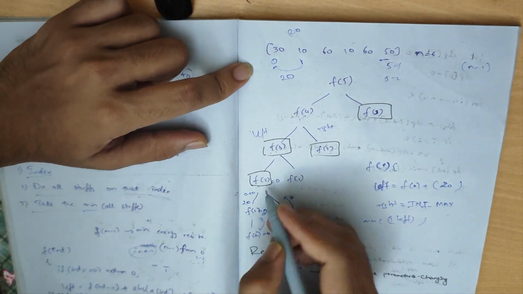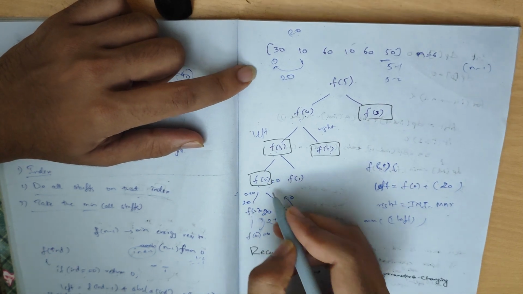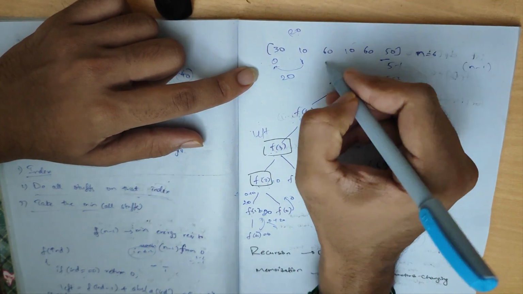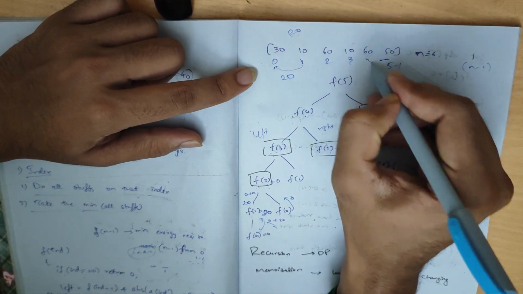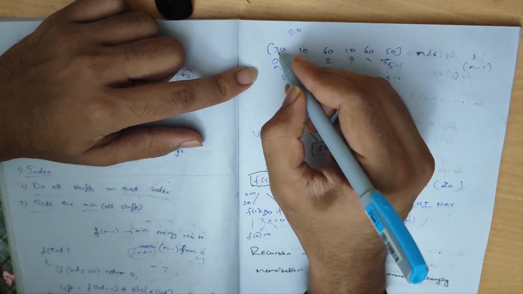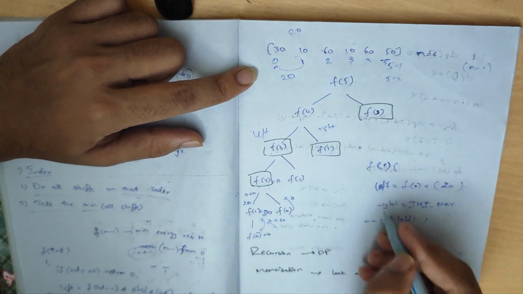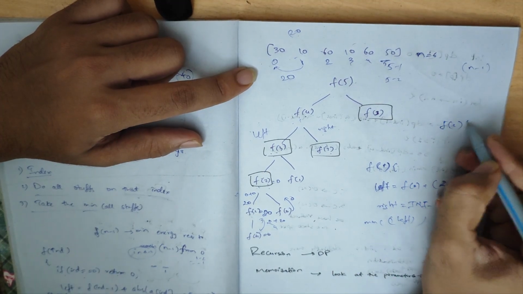and if you go to the f of 2 function, the difference between f of 2 and f of 1 is 50 as per the f of 2 function.